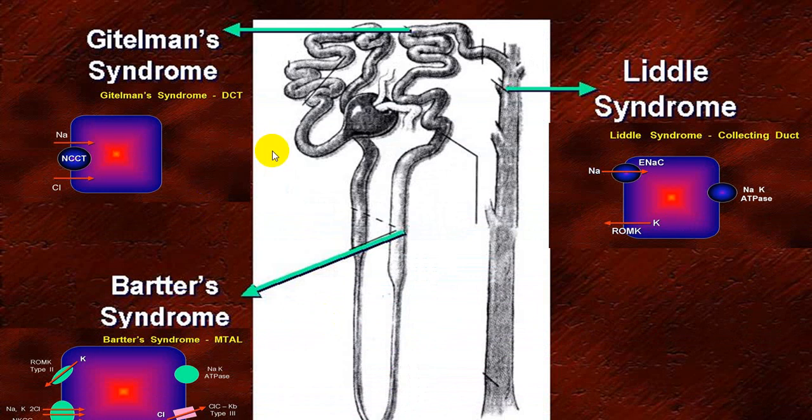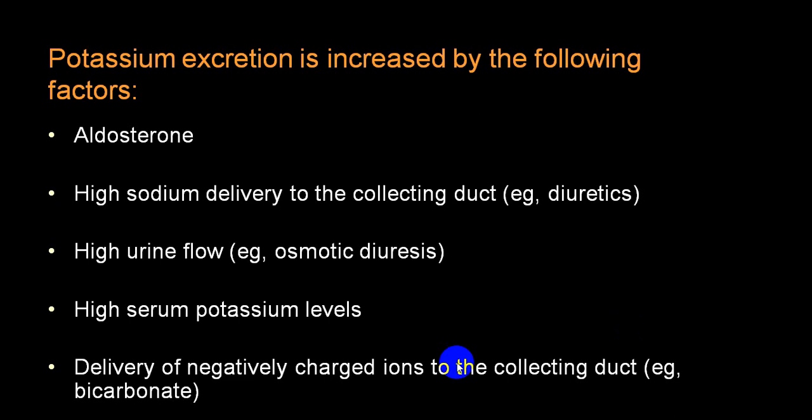There are some congenital syndromes affecting the distal convoluted tubule, like Gitelman syndrome, Bartter syndromes, and Liddle syndrome, where you can have a loss of potassium. These conditions are congenital and related to the kidney.